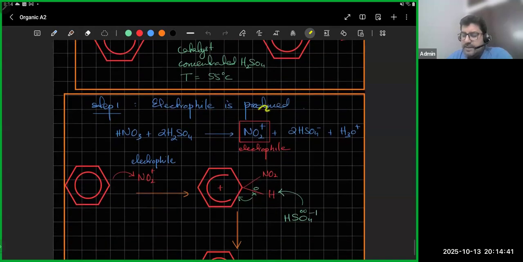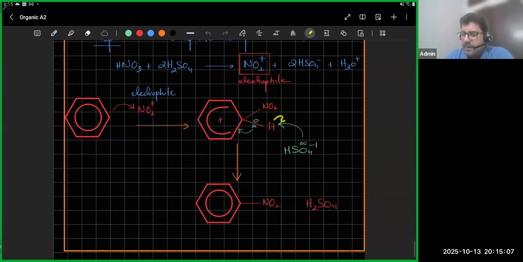The nitric acid and the sulfuric acid reacted and produced the NO2+ electrophile, which went to the benzene, took electrons from it, and bonded with it. Benzene needed its electrons back, so the H gave the electrons back. In that way, the NO2 came in and the H got knocked out.